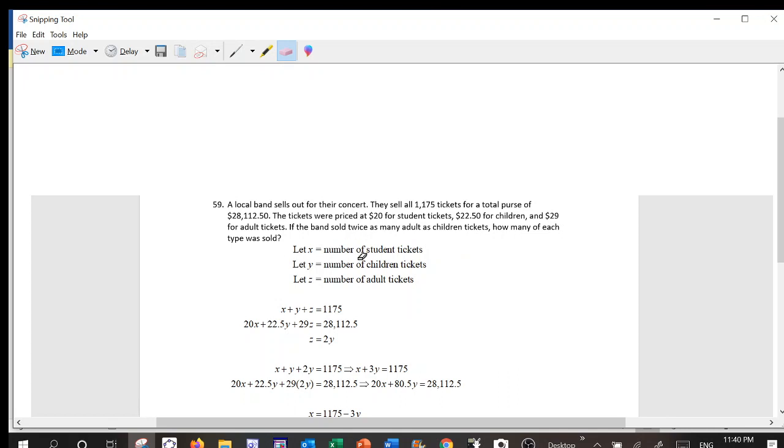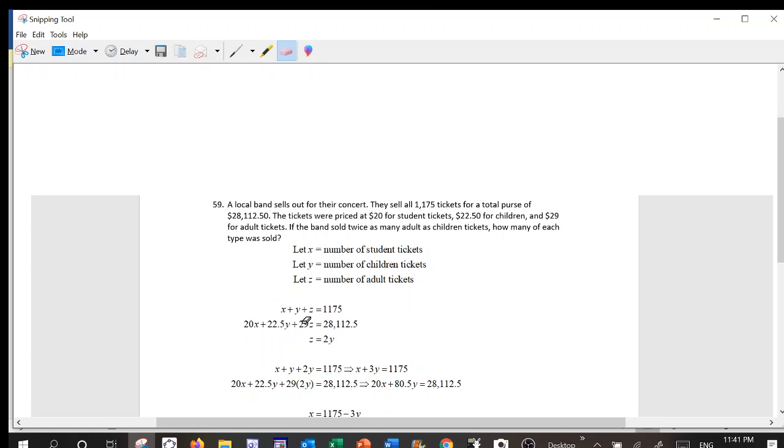So we are given information about three variables. X is, let's say, the number of student tickets, Y is children tickets, and Z is adults. So what do we know? Well, we don't know how many of each ticket they sold, but if you add them, we get 1175.